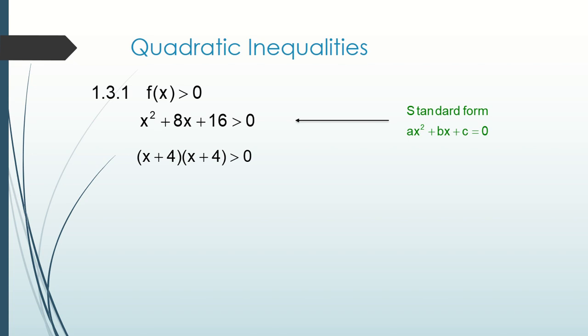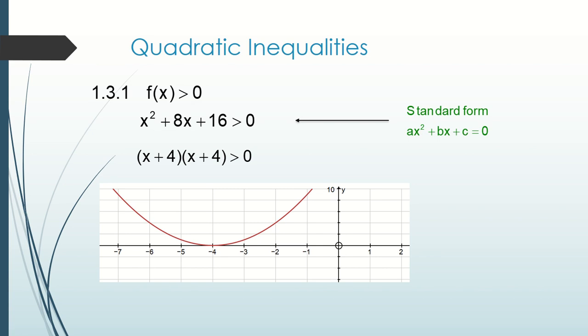So because there's 1, it means our x-intercept is also a turning point. If you look at our rough sketch here, there's only one x-intercept, there's only one root, and that is a turning point, which is x equals minus 4. And because it says greater than, that is above the ground. So from minus 4 to the right and from minus 4 to the left. So we can say x is less than minus 4 or x is greater than minus 4.